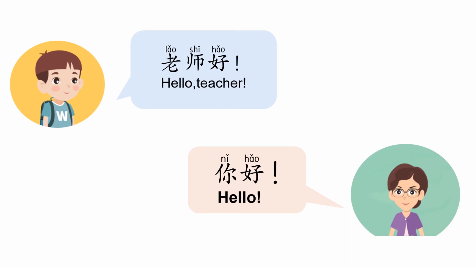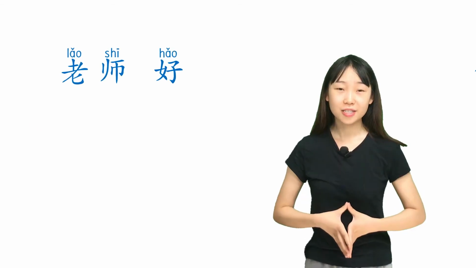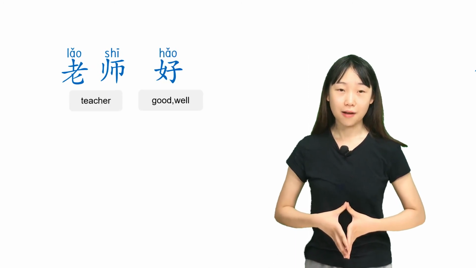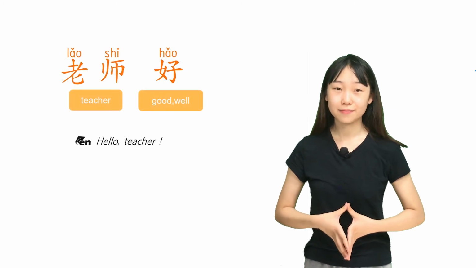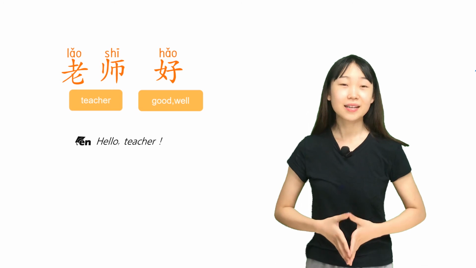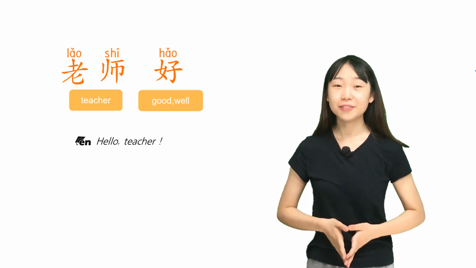From this dialogue, we can find that if you meet your teacher, except 您好, you can also say 老师好. 老师 means teacher, 好 good, 老师好 hello teacher.